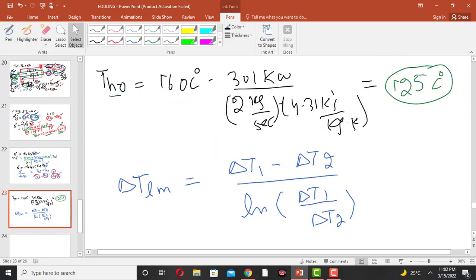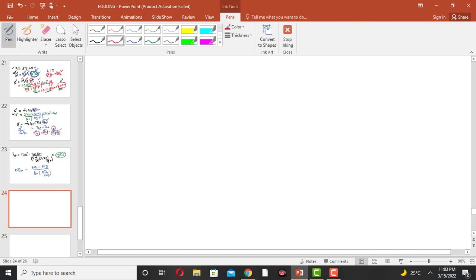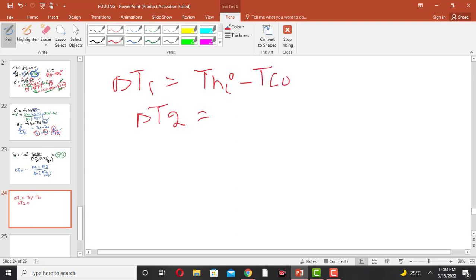So the delta T1 is the hot fluid inlet temperature minus the cold fluid outlet temperature. Delta T2 is the hot fluid outlet temperature minus the cold fluid inlet temperature.